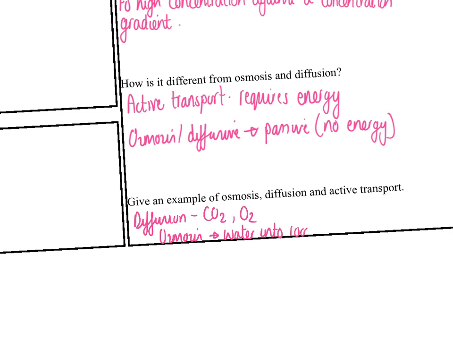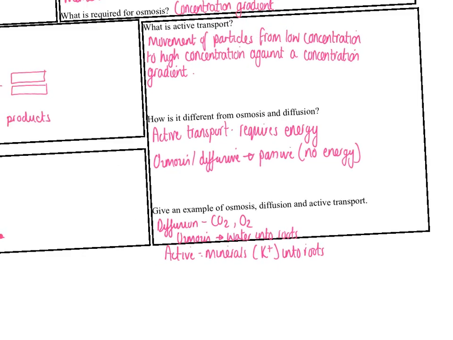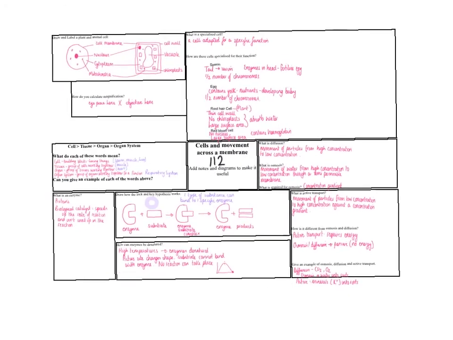It would also be water into our cells. Okay, and then active transport would be like minerals into a plant cell. So like potassium into roots. Okay, so that should be our cells movement across membrane review sheet complete.